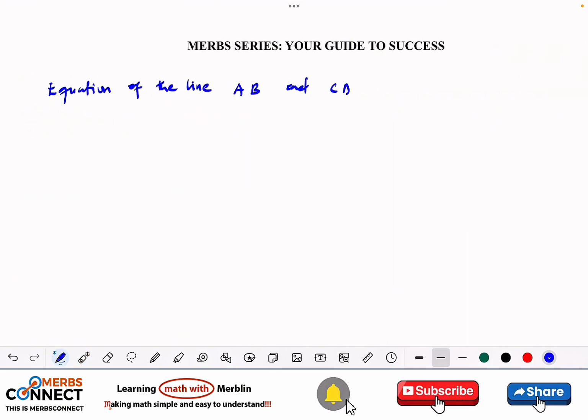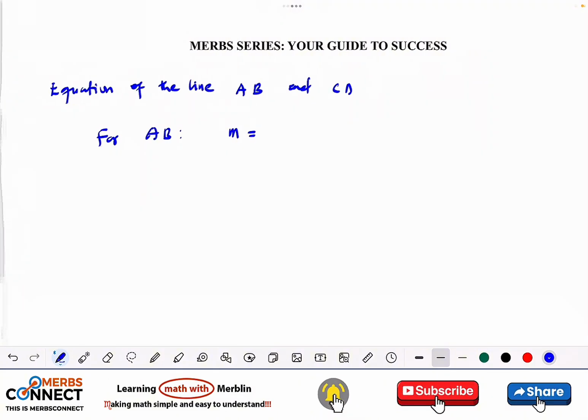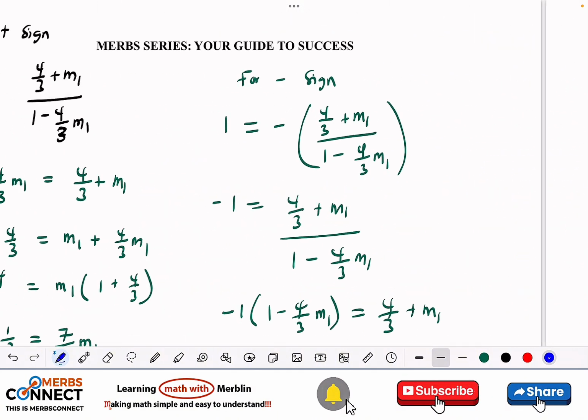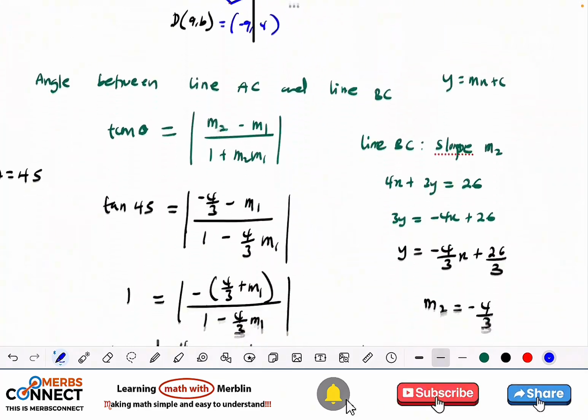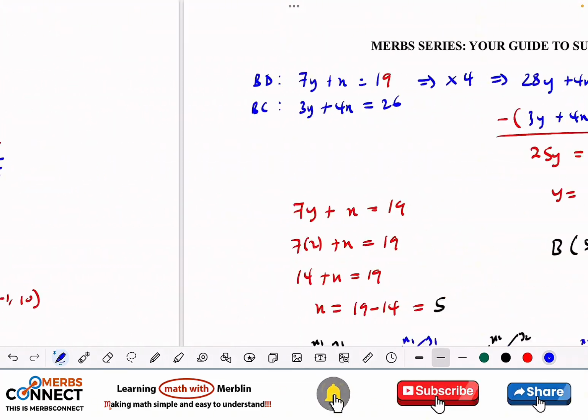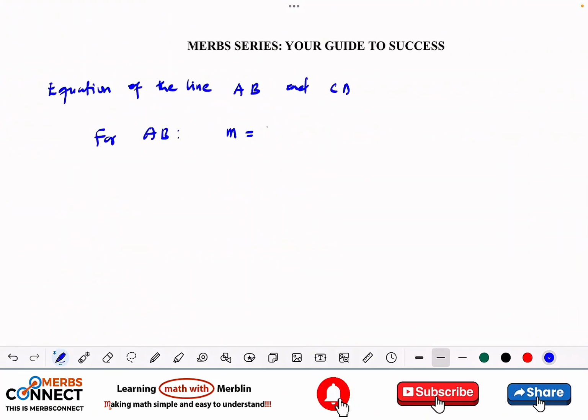So let's go with first the equation of the line AB. For AB, remember the slope, as I said, what was even the slope? Minus 4 on 3. So it's going to give us 3 on 4. Then we pick any of the points. We can pick point A or point B. Any of them will work out.